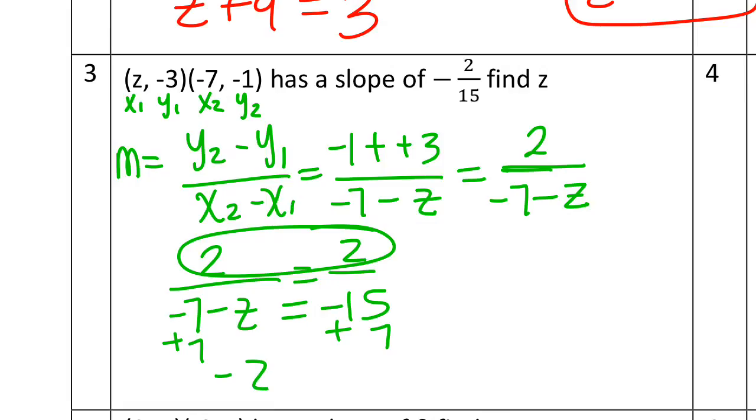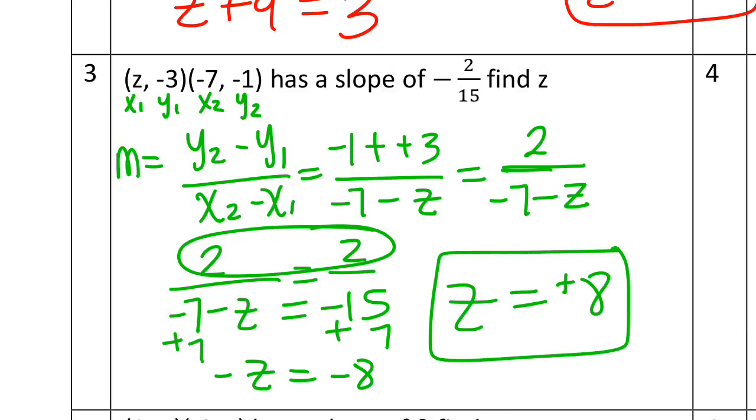I get negative z equals negative 8. And if negative z equals negative 8, that means positive z has to equal positive 8. That's it. So that lets me know that this point up here would have to be 8 comma negative 3 in order for this problem to have a slope of negative 2/15.